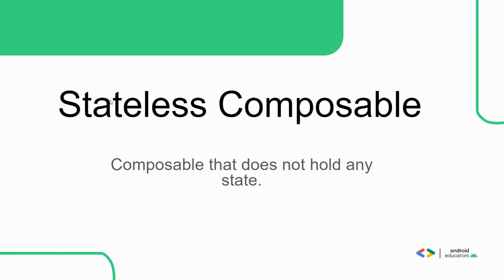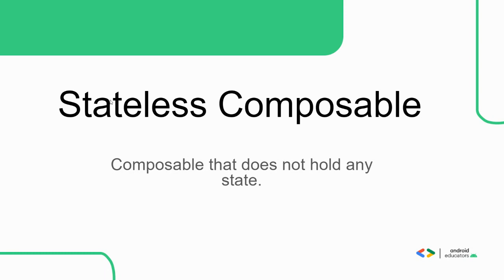The advantages of stateless and stateful I will explain in a minute. But the basic difference is that if somebody created a remember object, that means it contains state, which makes it stateful. And a compose that's not creating any internal state is called stateless.